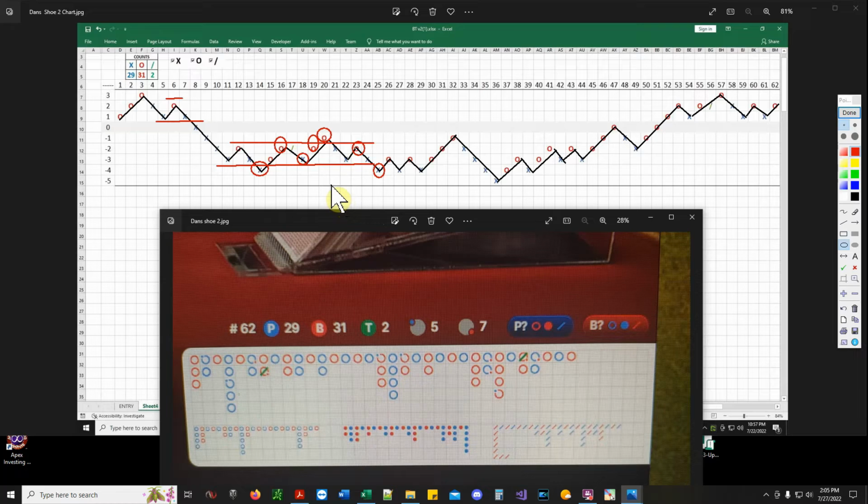It costs one unit to find out. Okay? So this is a very tight range right here.